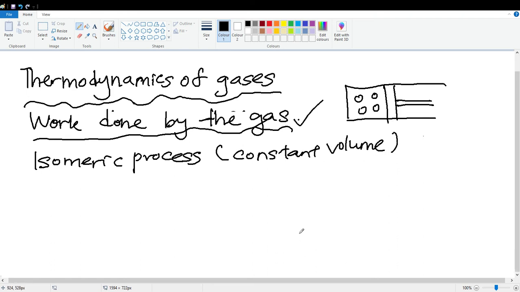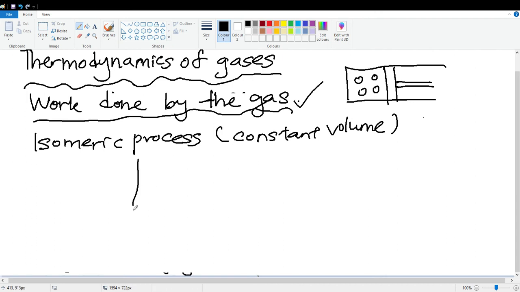So we can see from the curve, we have the PV graph here. This P means the pressure and this V means the volume of the piston. From this graph, since the condition is constant volume, what we have is a straight line.